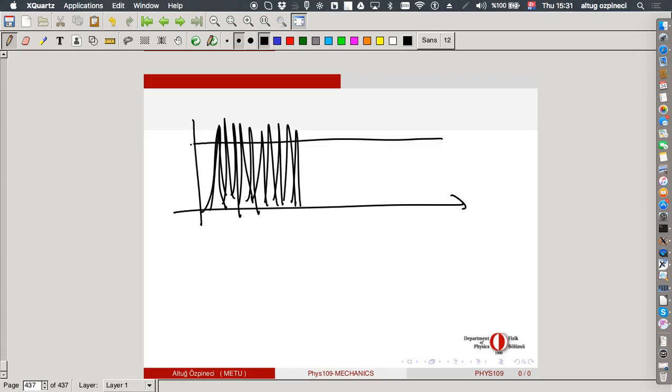You will not be able to measure these peaks. Nevertheless, this force is almost constant. The one you will measure will be constant. And when you think of the total momentum transferred to your ball, it should be the same. I mean, either you sum all these peaks or you sum the averages corresponding to all these peaks. You will get the same number.